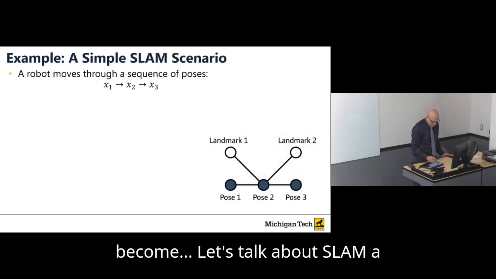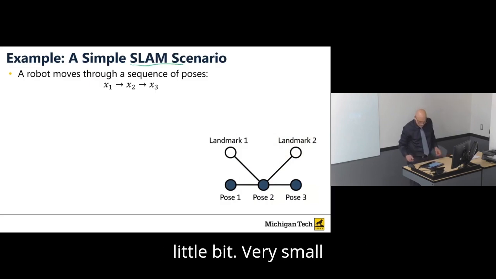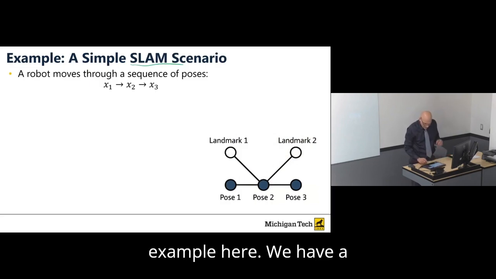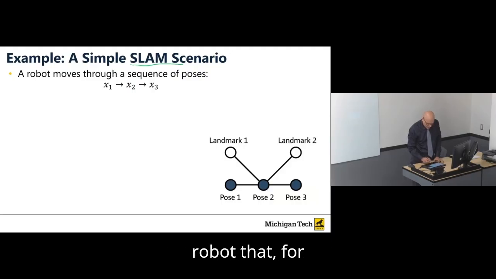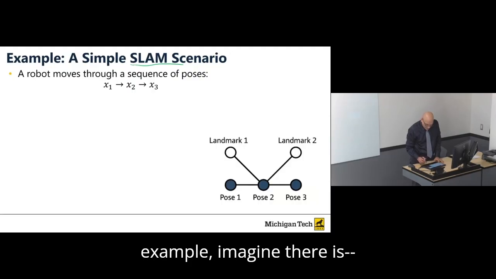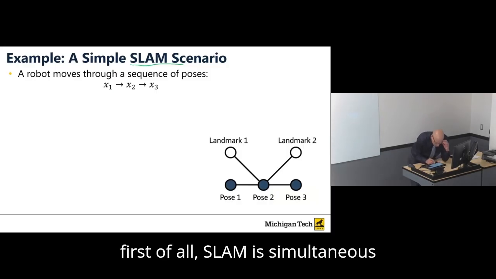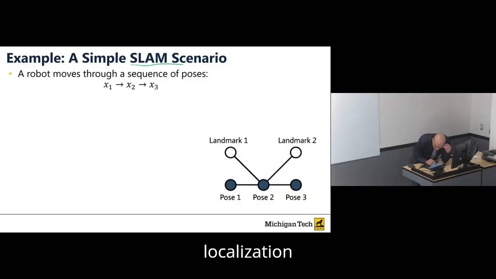Let's talk about SLAM a little bit, with a very small example. First of all, SLAM is simultaneous localization and mapping.